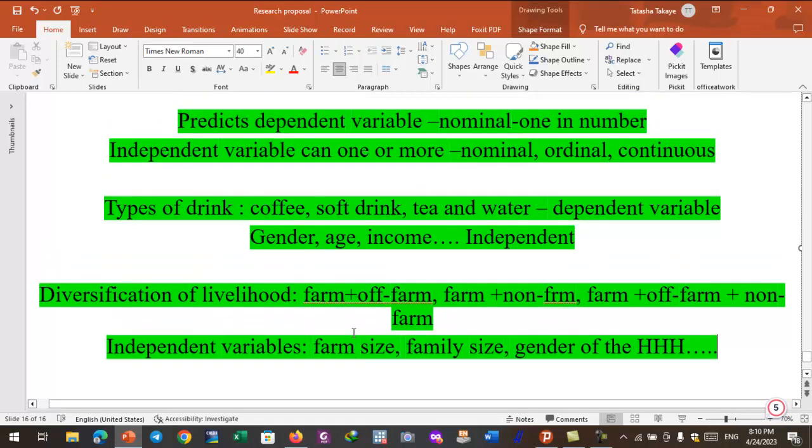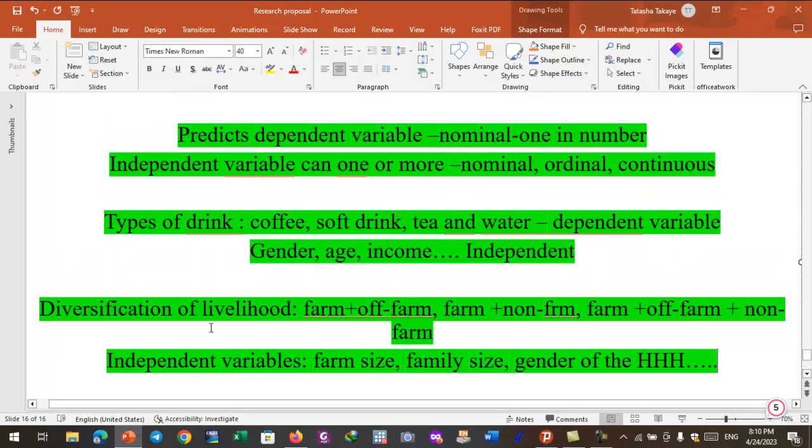You can suggest such examples in the context of your study. And this is all about when and how to use a multinomial logistic regression model.